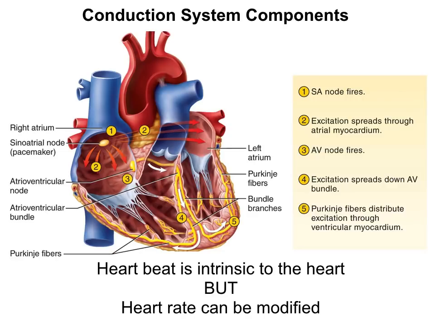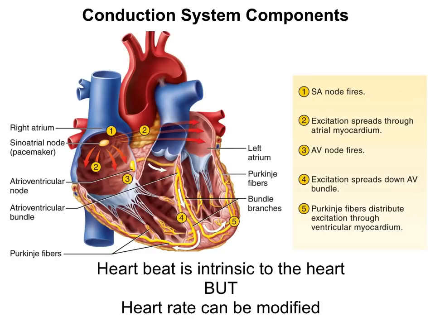So, in summary, when you create the action potential, it's going to form first at the sinoatrial node. You're going to pass that action potential through the inner atrial bundle into the left atrium and through the internodal pathway throughout the right atrium, causing your atria to contract.